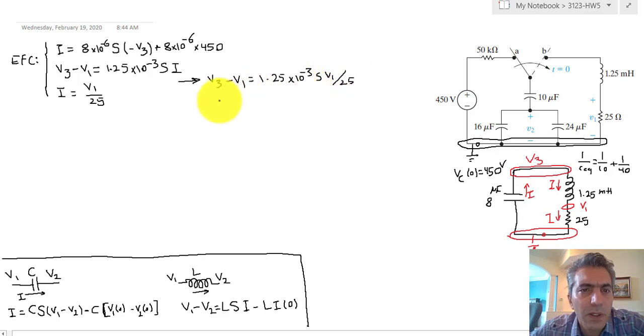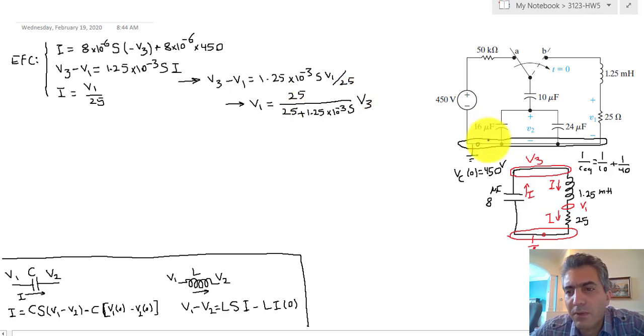Now if you move these around, you can quickly figure out that V1 is equal to 25 divided by 25 plus 1.25 times 10 to the minus 3 S, times V3.